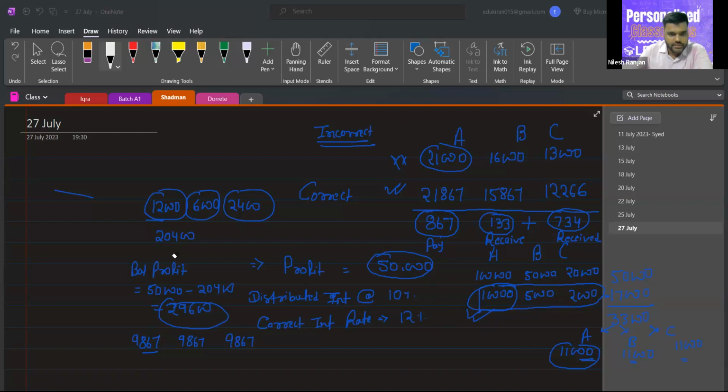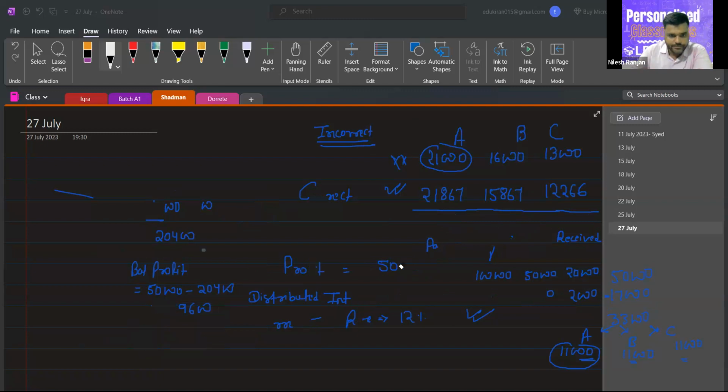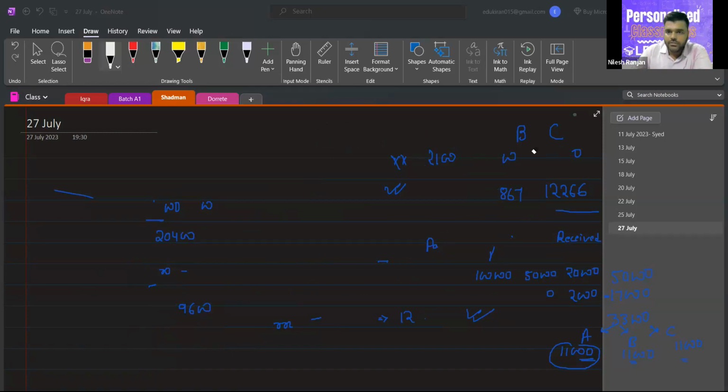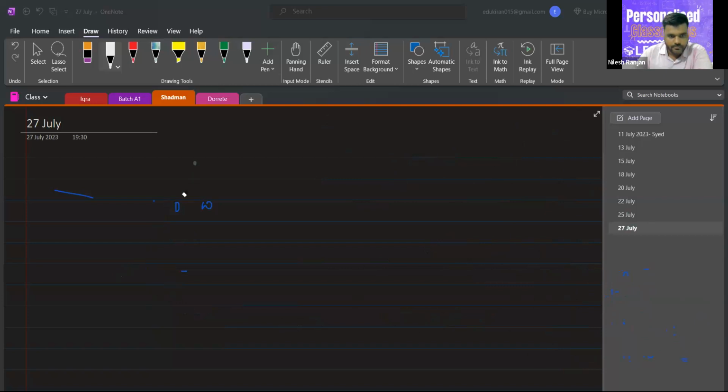So let's erase all the items here. Now we will talk about how to solve past adjustment questions.